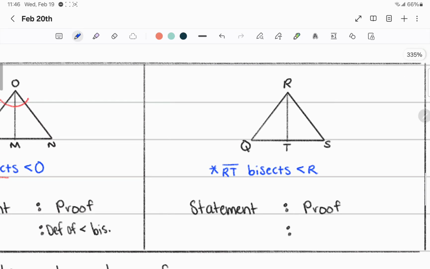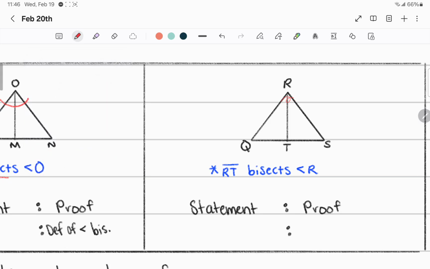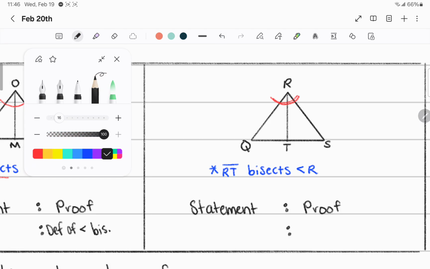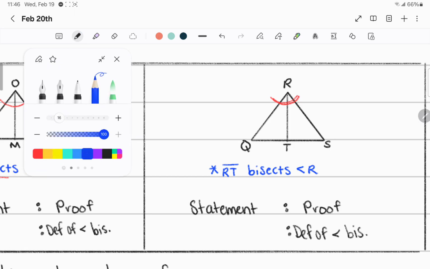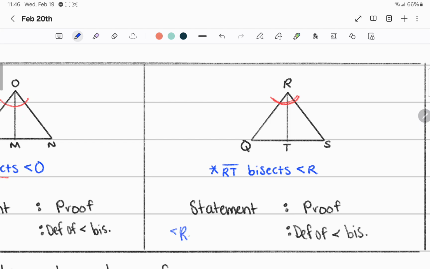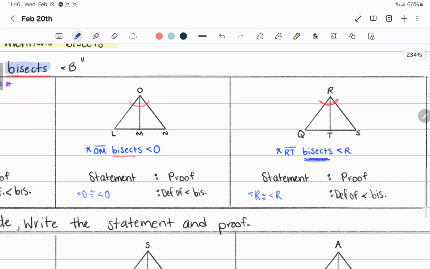Last statement, RT bisects R. So again, angle R is the one that's being bisected, so we're going to draw an arc through it like that. Def of angle bisector. And then angle R is congruent to angle R. So again, if it mentions the word bisects, we use the definition of angle bisector, and whatever angle is being bisected, that is our statement.